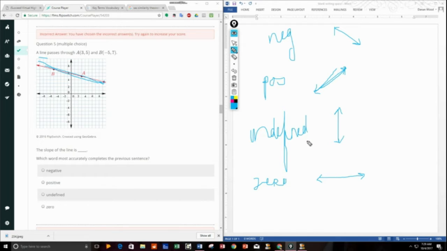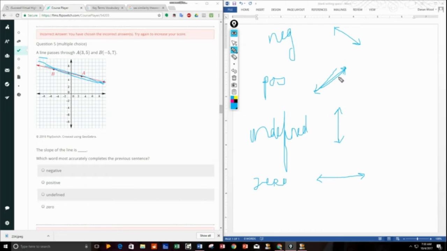And then undefined, well, there is no left and right on this. I'm looking straight up at a sheer cliff. And then 0, I have no hills. So that means I'm not going up or down. I'm just 0. And so I just made analogies.